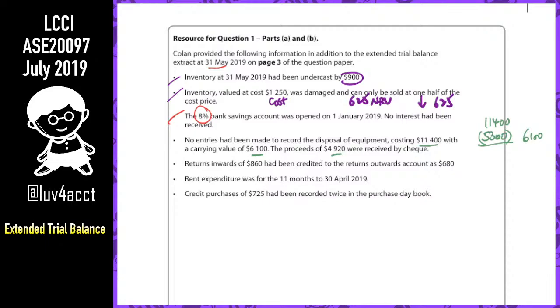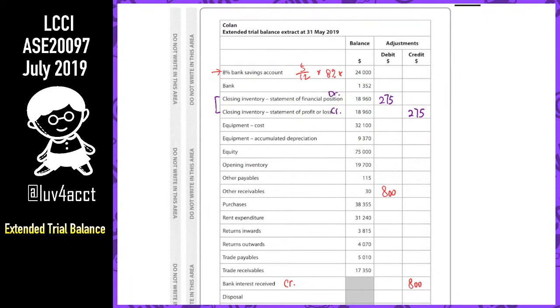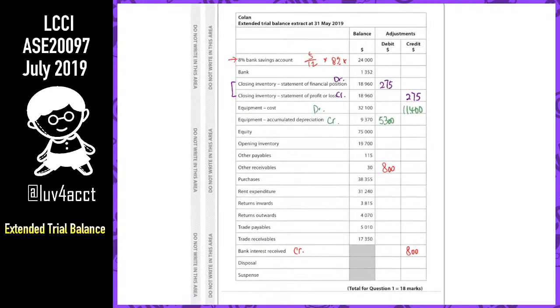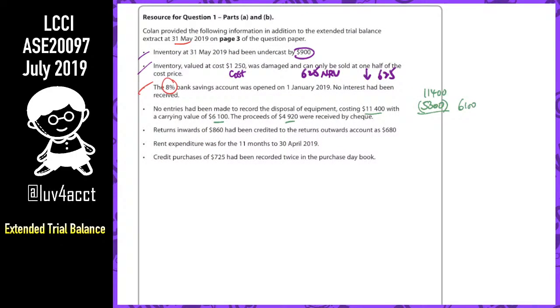This is the accumulated depreciation, 5300. Cost is on the debit side, accumulated depreciation on the credit side, so we put it on the opposite side for reduction, 5300. And this goes to the disposal account, so 11400 here. And then how about the proceeds? Proceeds 4920.